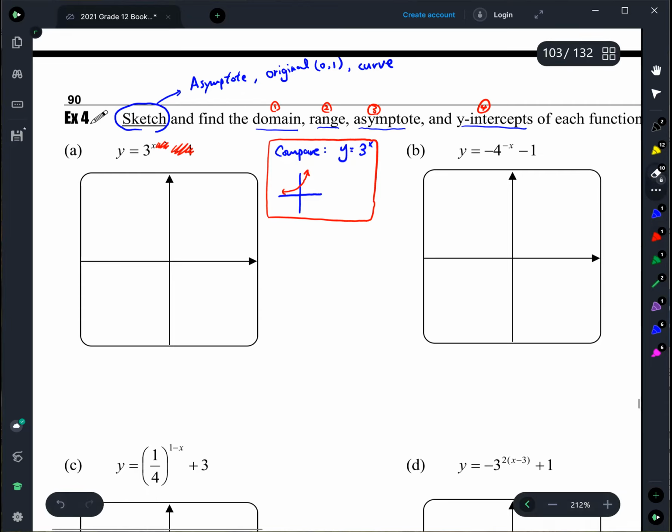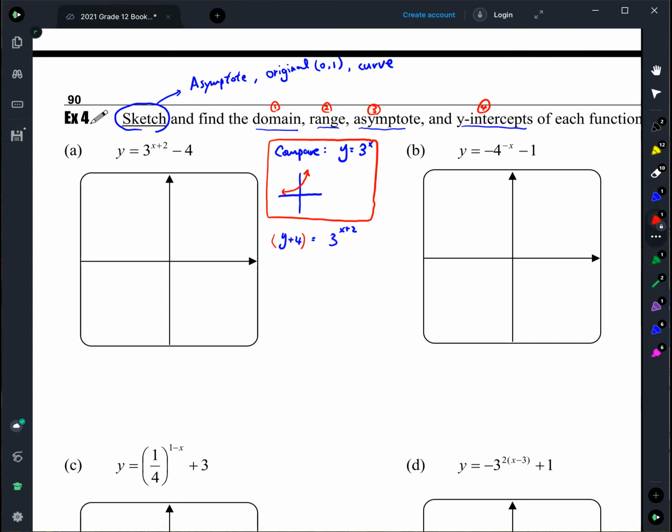Now, if we take away the covered-up parts, x plus 2 and the minus 4, the minus 4 can be moved to the y side. So now you can apply what you learned in transformation. Whatever is movable to the y side affects the y. Whatever stays with the x affects the x values.